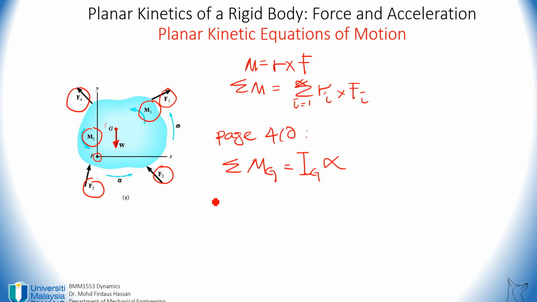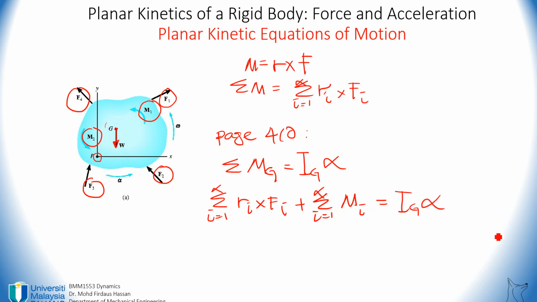So the summation of moment is the summation of r_i times F_i, plus the summation of moments. In this case, we have two moments, M1 and M2. So the summation equals I_G times alpha. Easy, right?